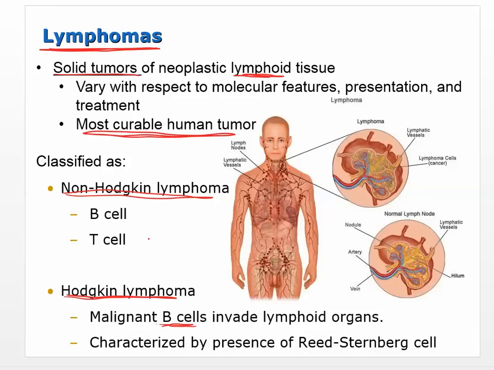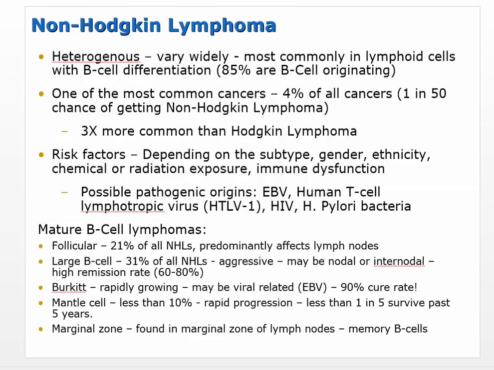The way that they spread, the Hodgkin has a much more recognizable and predictable way of spreading, so we'll talk about that. And the Hodgkin have these things called Reed-Sternberg cells. Okay, so those are really the 3 distinguishing things between these two.